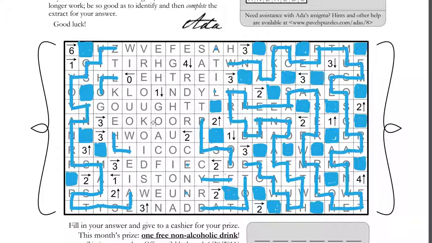But not here. Could go that way, or it could go that way. I love these line drawing puzzles, they're the best kind of puzzles. So I know that's free, that's a corner, it goes like that. What next though?